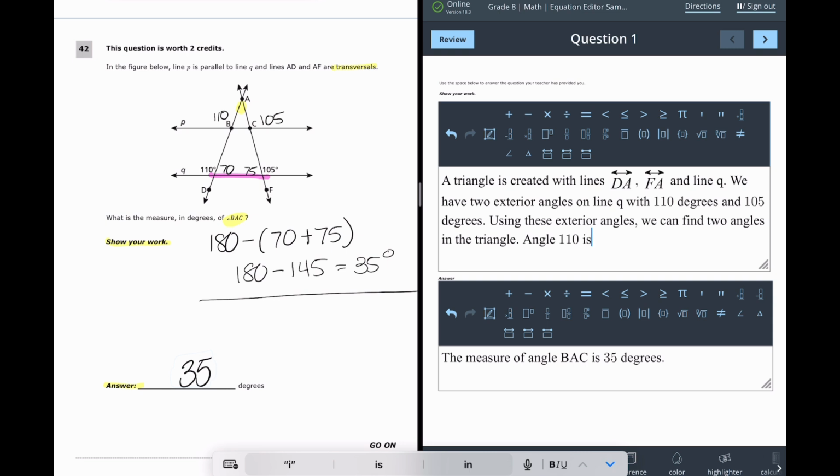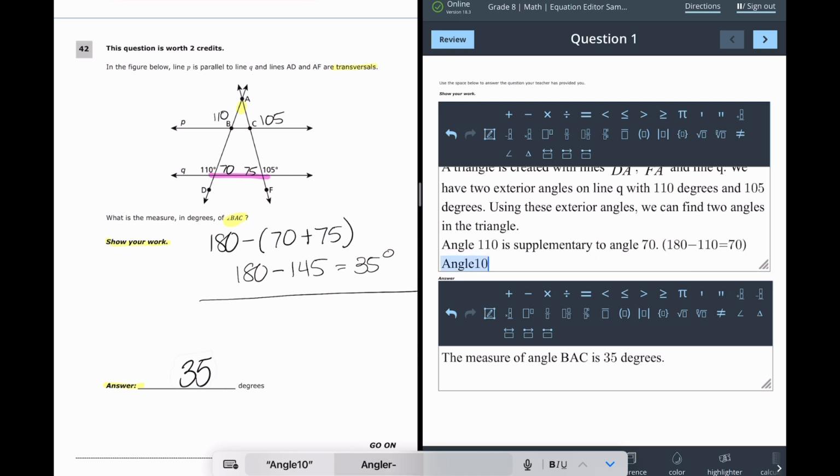Angle 110 is supplementary to angle 70. And I could even put on the side 180 minus 110 equals 70. Angle 105 is supplementary to angle 75. 180 minus 105 is equal to 75.